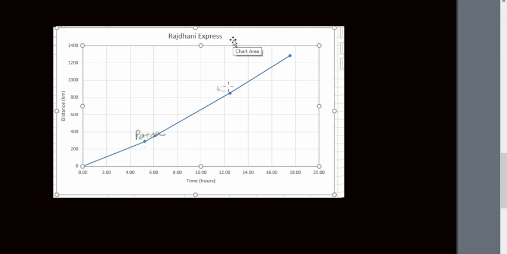It reached Kanpur, then it reached Delhi, and the total time it took was 17.55 hours. So you see that it's not a straight line. It's not a straight line.